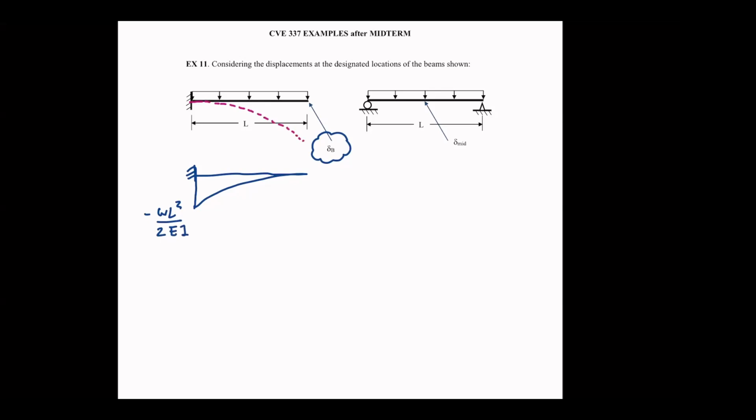This distance, if I call this A, if I call this B, this distance, which is delta B, is exactly TBA.